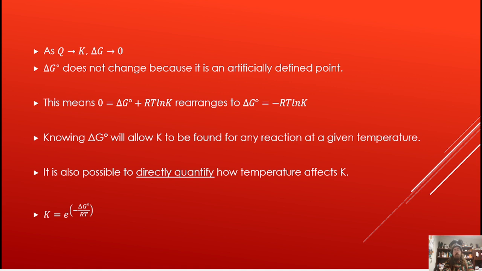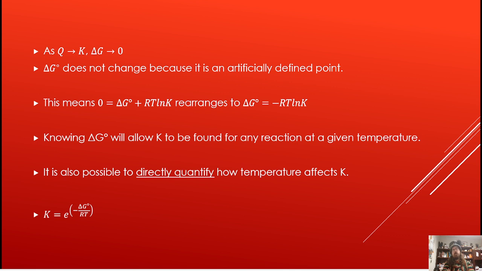But what is probably more profound is that now we have an easy, practical way to calculate a K value at any given temperature. K was very easy to calculate at 298, given we had some concentrations, but K at other temperatures was very difficult to find. You would have to set up that whole reaction and run the values again.